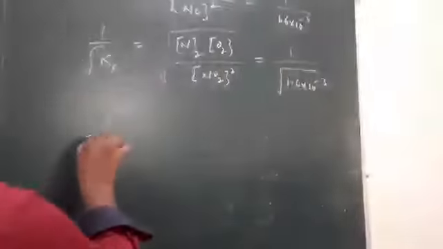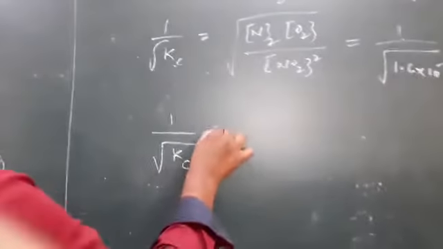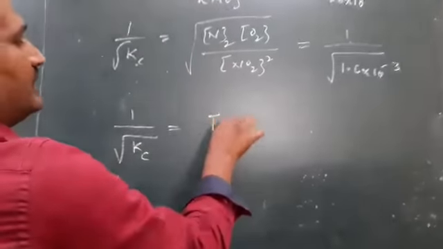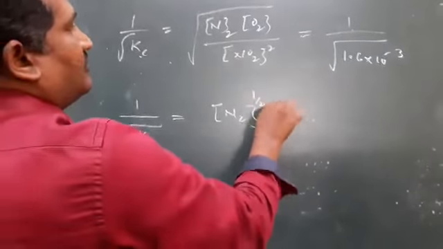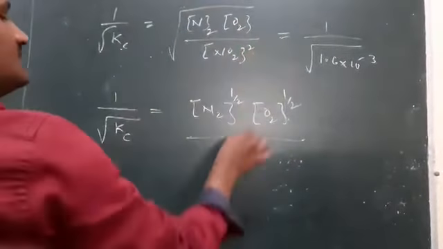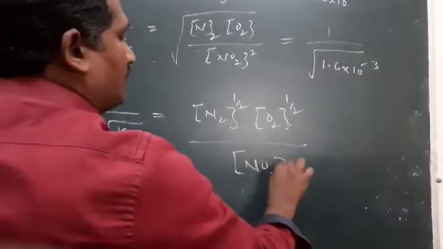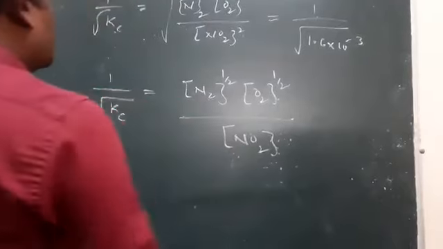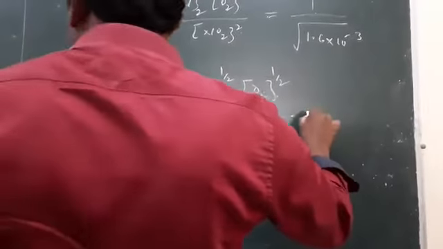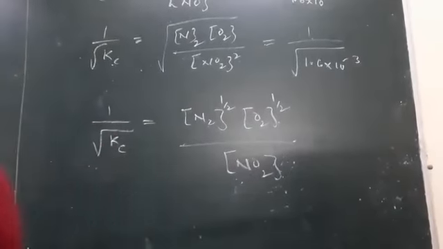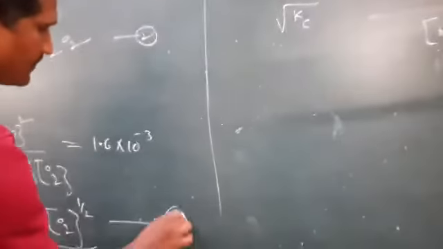If you cancel the root you get power half, and the power half by square cancel gives NO. This already looks like equation 1; this is assumed as equation 3.